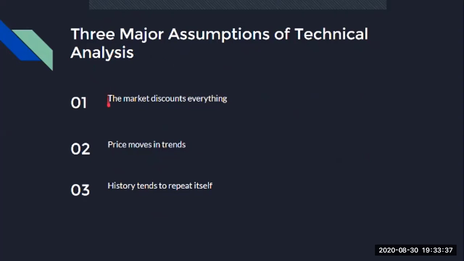So you see that the market discounts everything. These are the things that traders now base modern day technical analysis on. The market discounts everything. Price moves in trends. So this is still back to the theory that everything you want to know can be found in the price because the market is efficient.